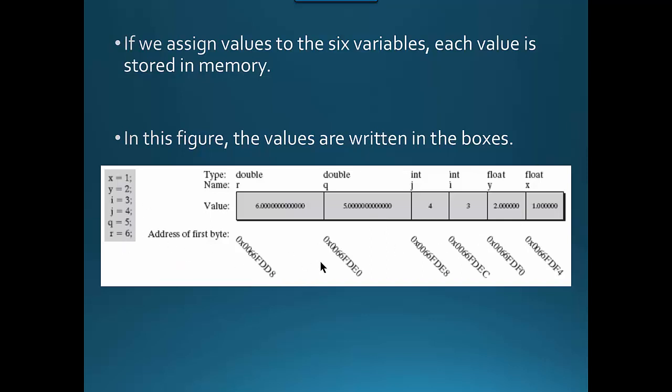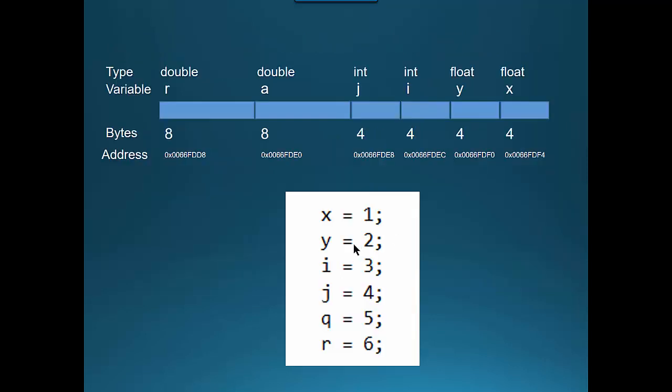And here's another representation. In this one, they've assigned values into the locations. So what that would look like is this. You have these places in memory, and as we do assignment operations, 1 is going into X, 2 is going into Y. Remember, we want to read this not as an equals, but as assigned into.